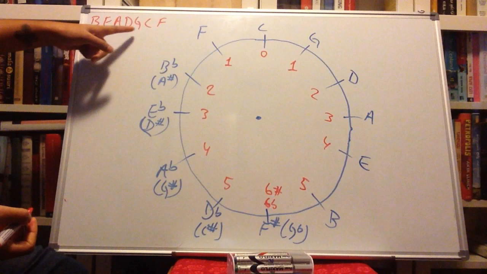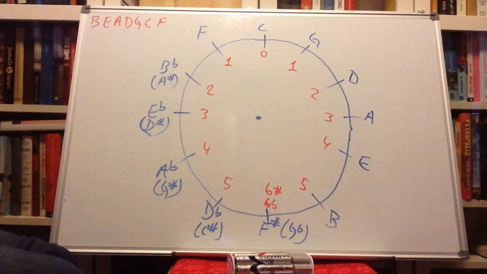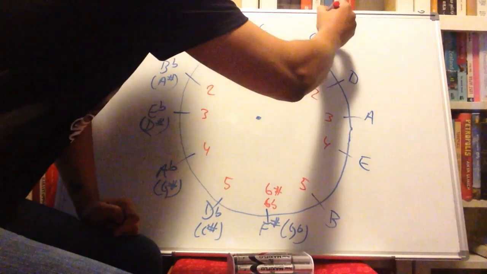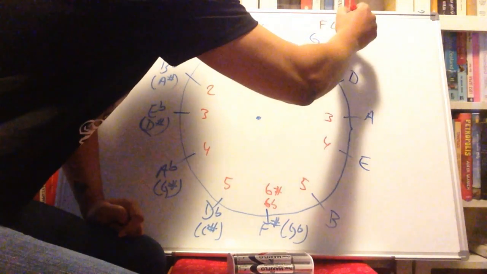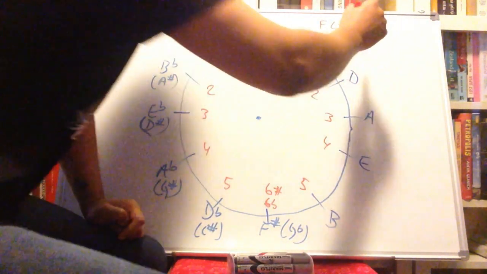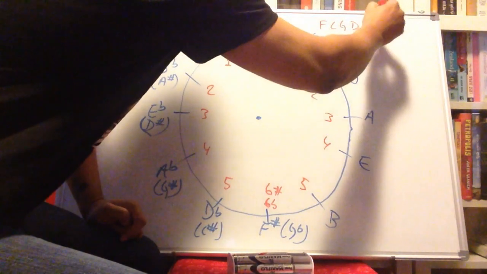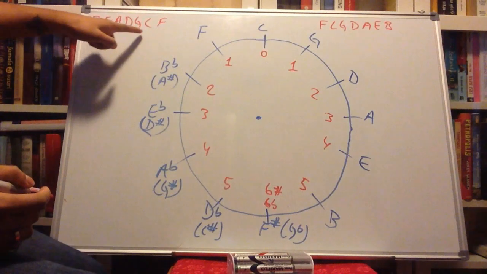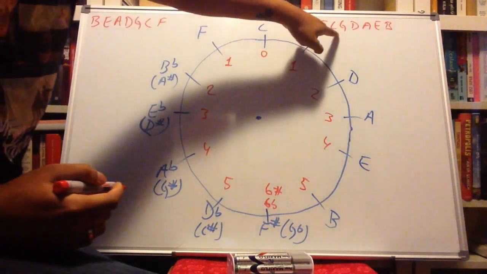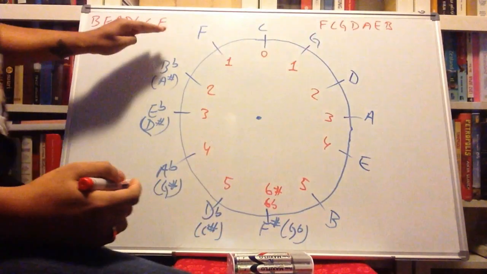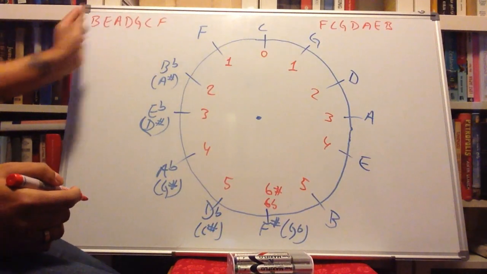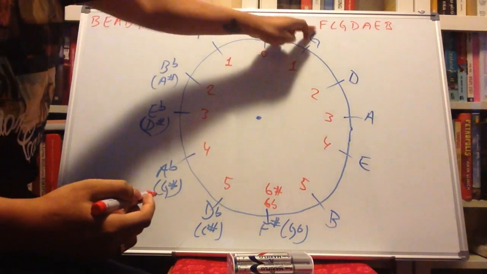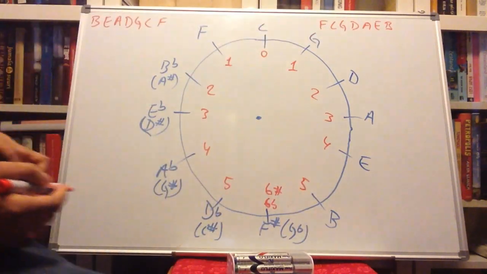B, E, A, D, G, C, F. And to the sharp side, we have this one: F, C, G, D, A, E, B, which is kind of the opposite, the other way around. B starts from B and ends at F; the other starts from F, which is just the other way around.